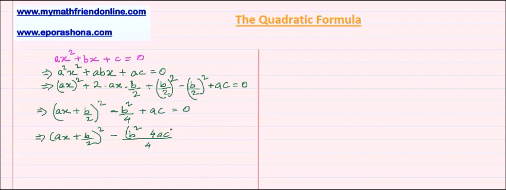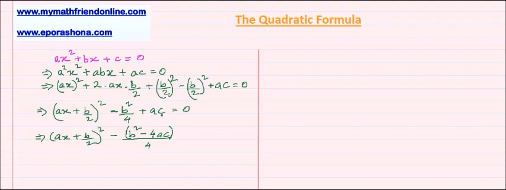But since we are enclosing these two terms within the bracket and in front of the bracket there is the minus sign, we have to put a minus sign between these two terms, because minus and minus when multiplied together will give us a plus 4ac.